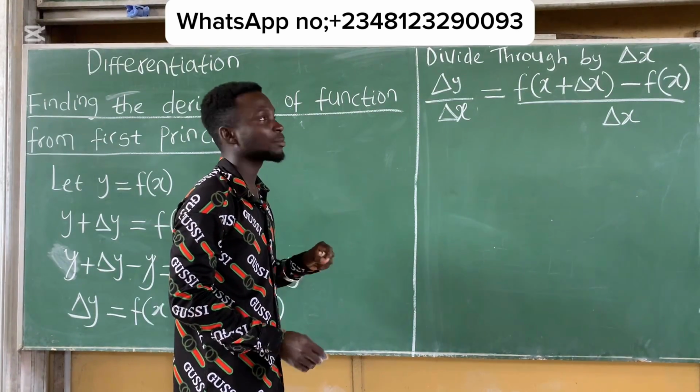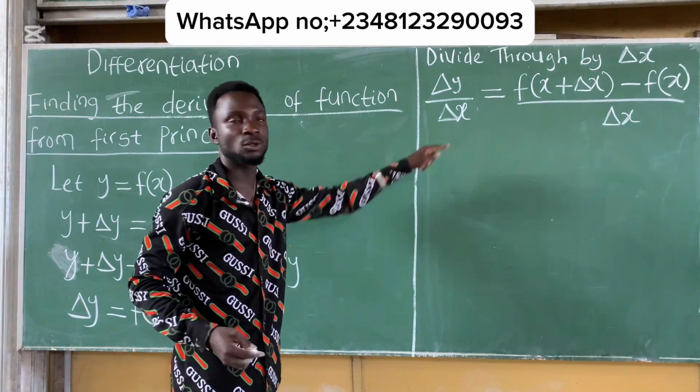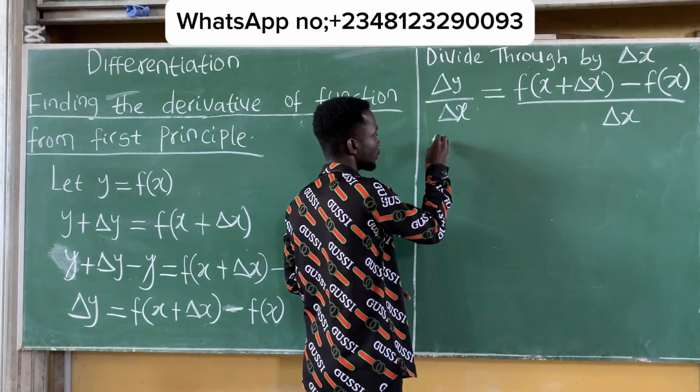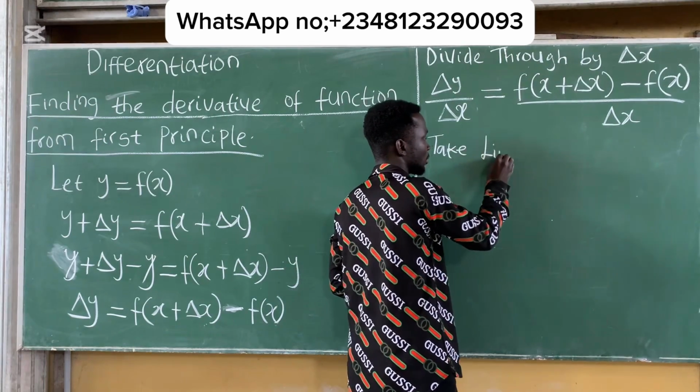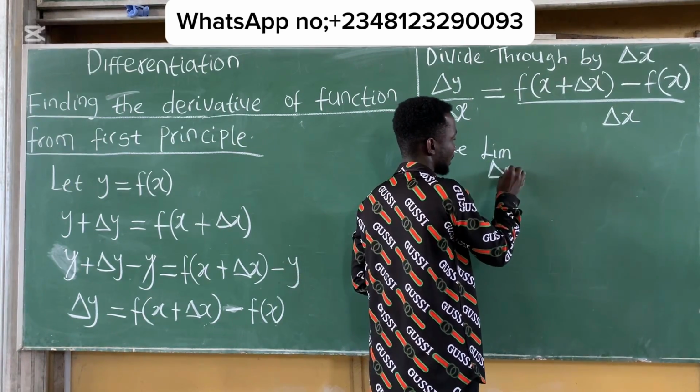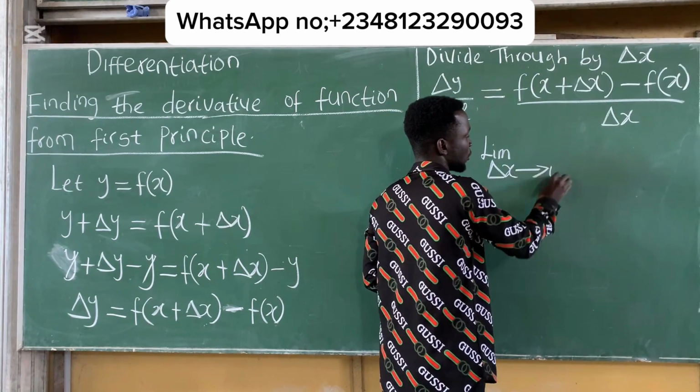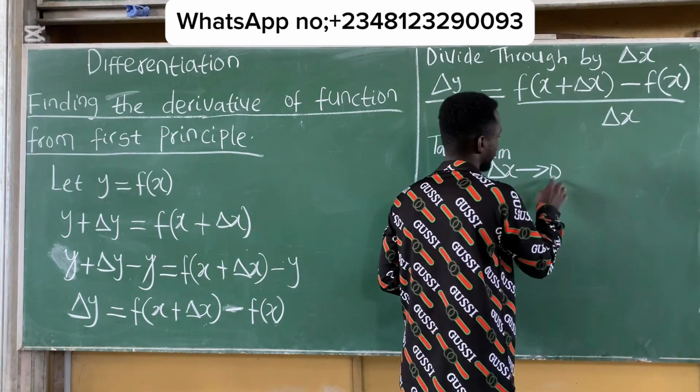After dividing through, let's take the limit as delta x tends to 0 of both sides.